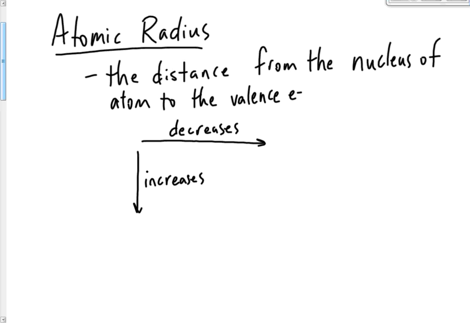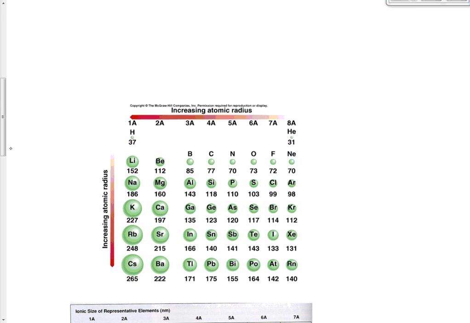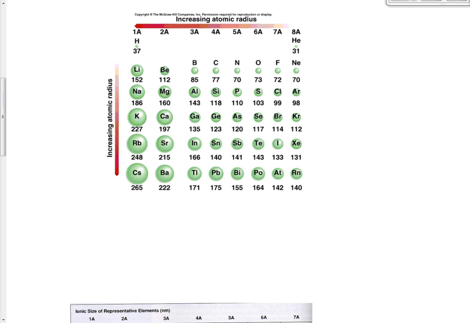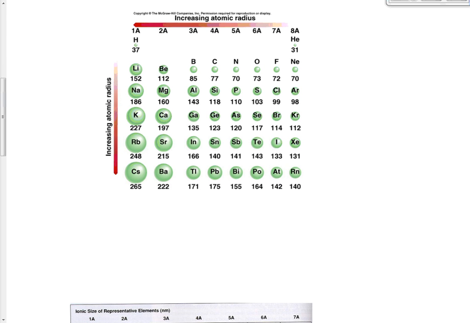So it decreases going left to right, it gets smaller going left to right, and then it increases going top to bottom. If we look at a picture of this, you can see that as you go down, it's gaining energy levels. In one of the previous videos, we talked about how each period has more energy levels.